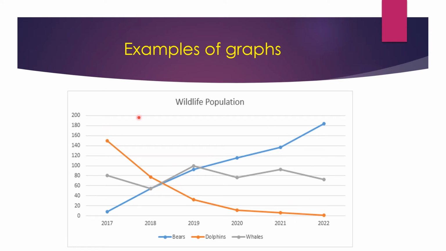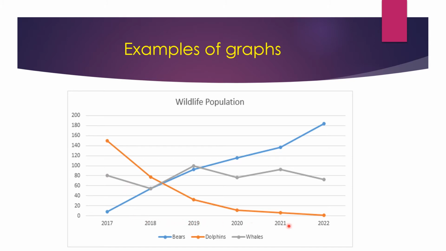We can take a look at this graph and conclude some information. For example, for the population of these three animals in 2017, we will observe that the number of bears was very low, and the highest number of population was for dolphins, and the whales were in the middle.